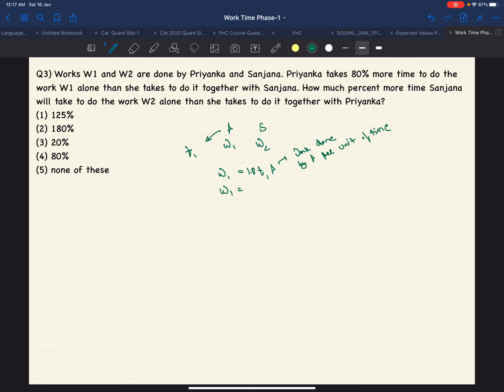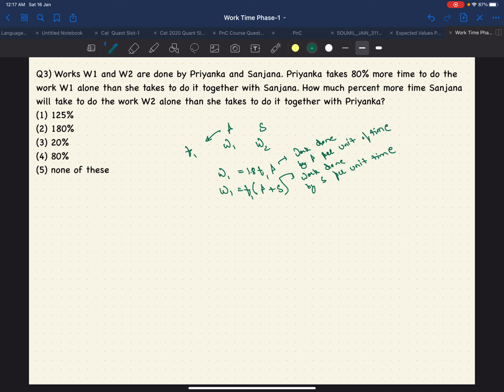Then the same work can be done in T1 time if P and S both work together. Again, S is nothing but work done by Sanjana per unit time. Therefore, this equation holds here. So what does this mean?